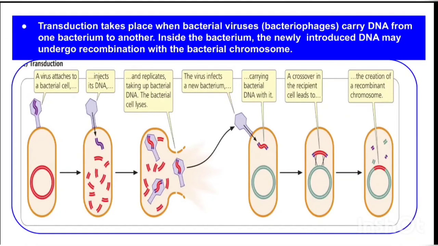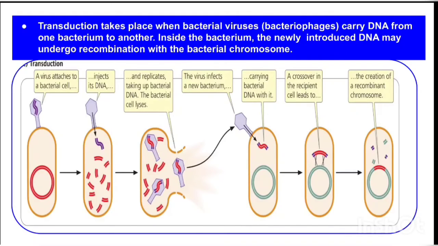Next is transduction, which takes place when bacterial viruses, that is bacteriophages, those viruses that infect bacteria, carry DNA from one bacterium to another. Inside the bacterium, the newly introduced DNA may undergo recombination with the bacterial chromosome. As shown in the diagram, a virus attaches to the bacterial cell wall, then injects its DNA.